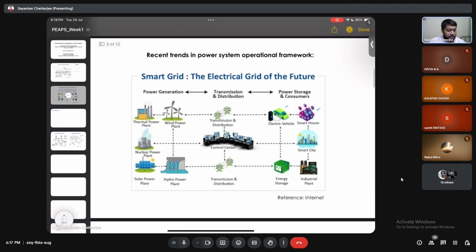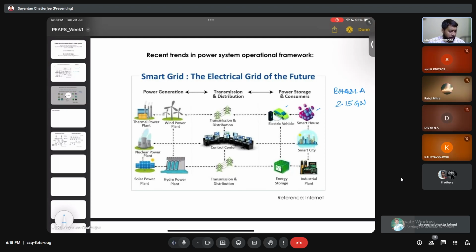So it is called Bhadla Solar Park. Here, approximately 2.15 gigawatt of power can be generated at maximum, that is the maximum installed capacity.